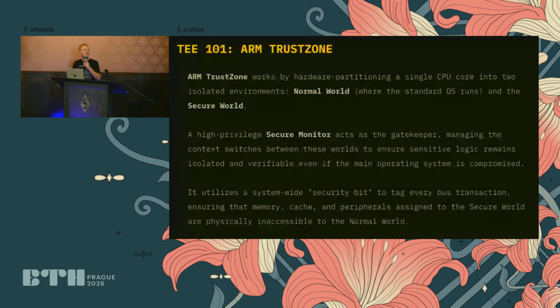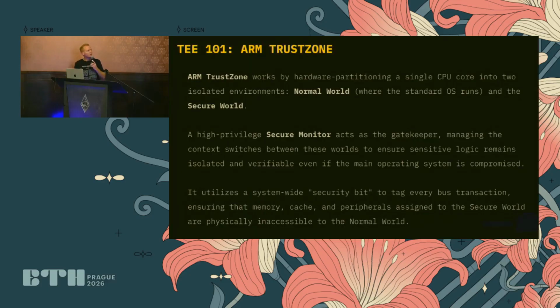The context switching is done with exceptions. Whenever you have some exception, for example, in the normal world, you go up to the secure monitor, and it can decide what to do from there, whether it's a real exception or you just need to context switch to the secure world. And you can pass parameters like that and everything.